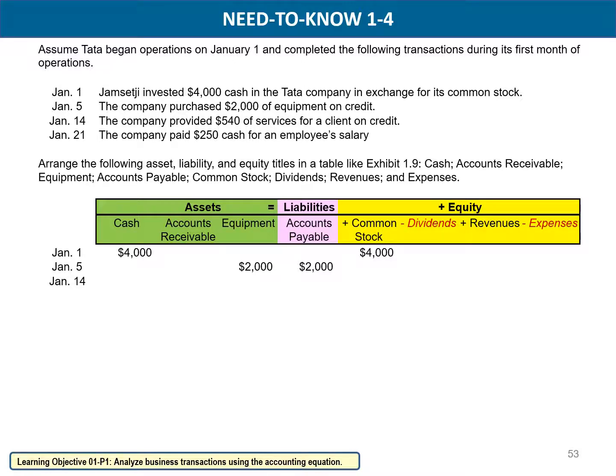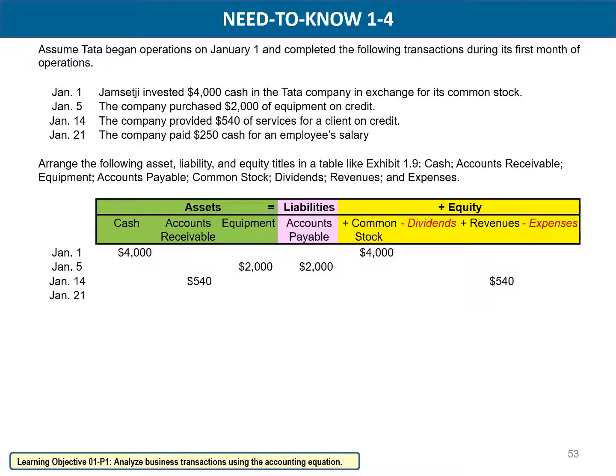Then on January 14th, the company provided $540 of services for a client on credit. So when they're providing the services to that client, the client's not going to pay them now, so they're not going to have cash now, but they are going to have an account receivable. And then they recognize revenue of $540.